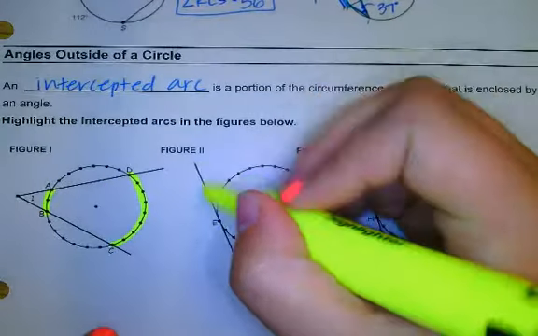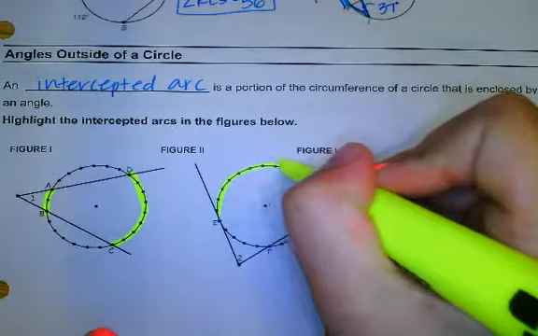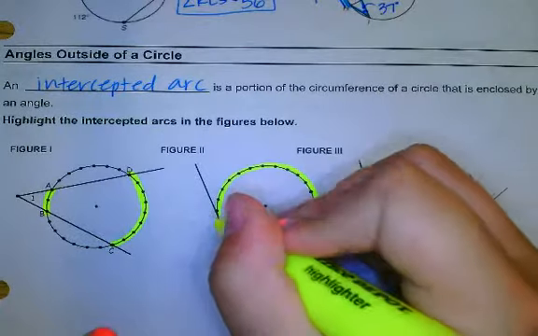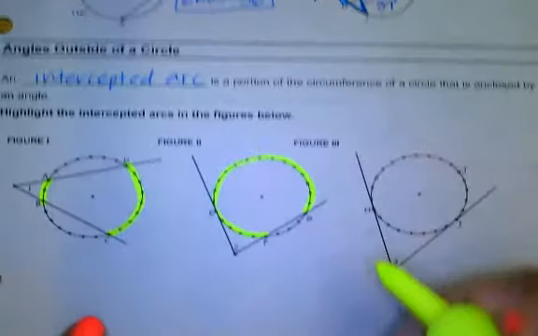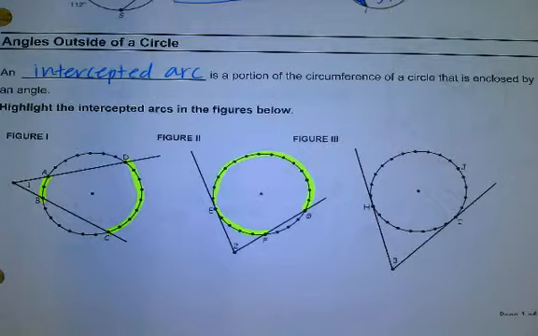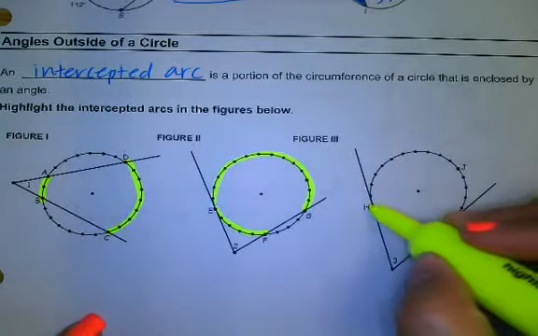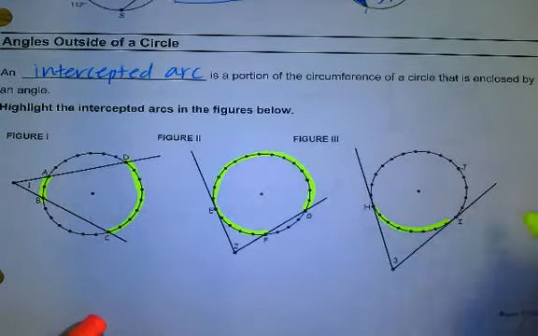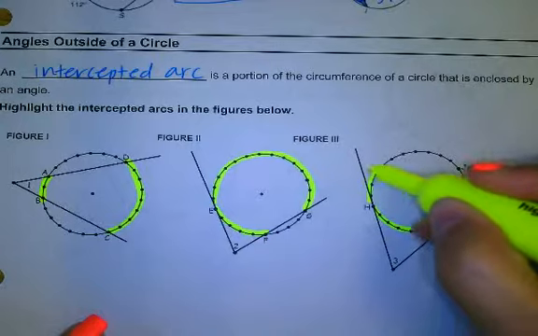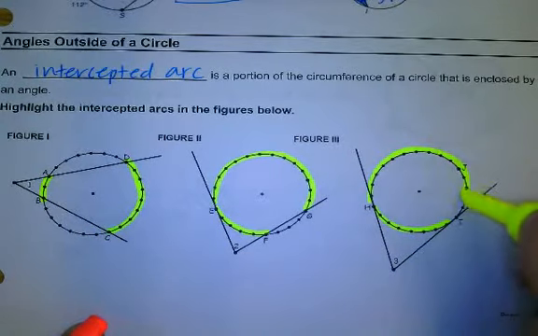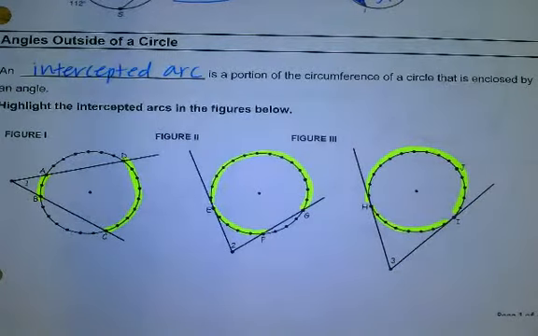Okay, in figure 2, you've got arc EG and arc EF. And in figure 3, you've got this arc here, IH or HI, and then the larger arc, IJH.